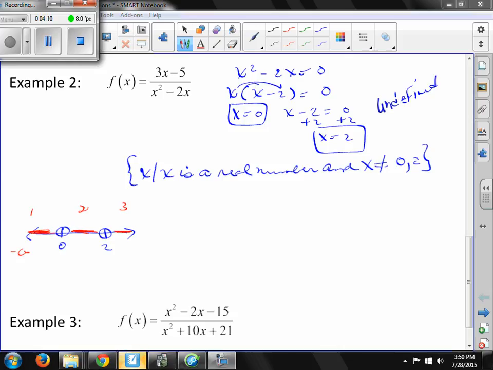And the third part is from 2 to positive infinity. So let's name the parts. The first part is from negative infinity to 0, union with the second part from 0 to 2, and the third part from 2 to infinity. So I've written it in set notation, and this is the interval notation.